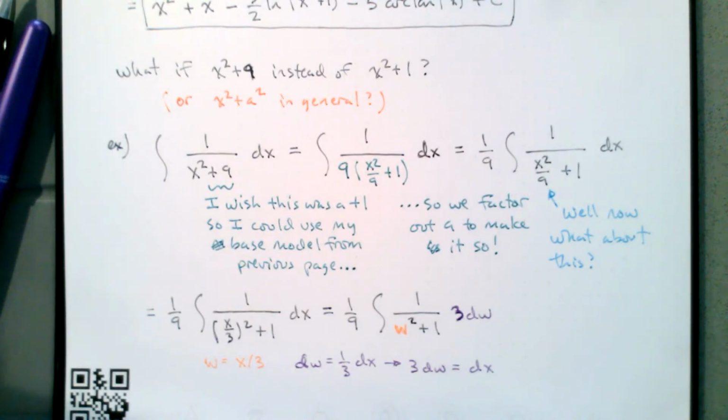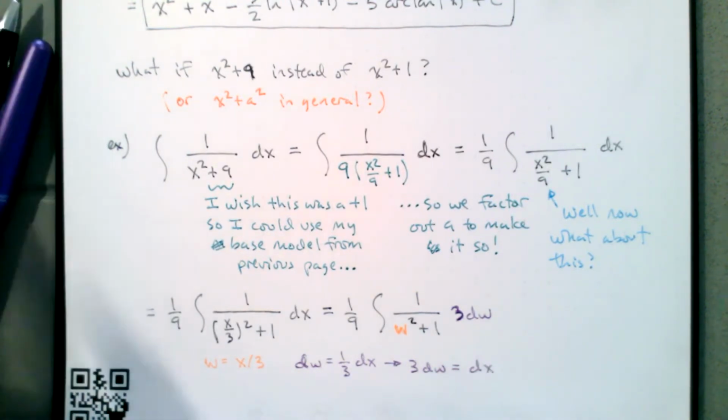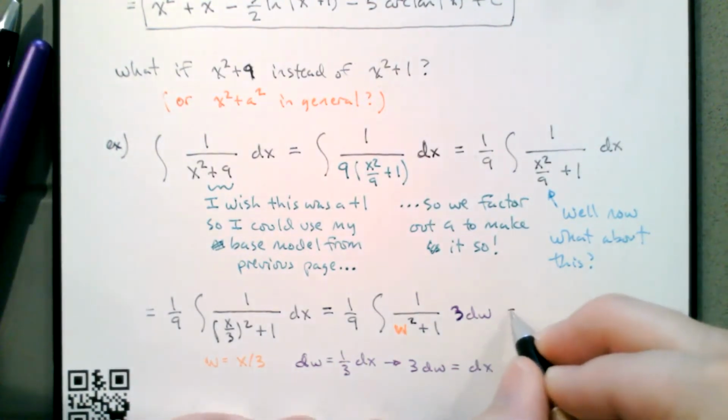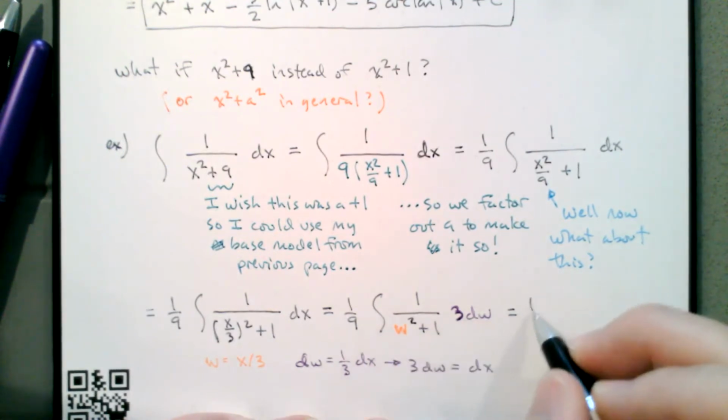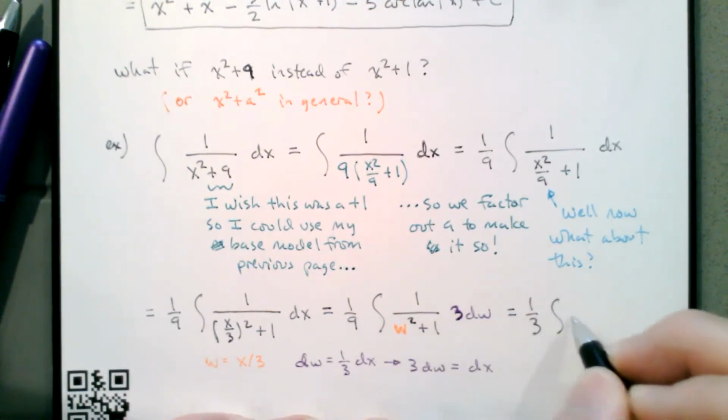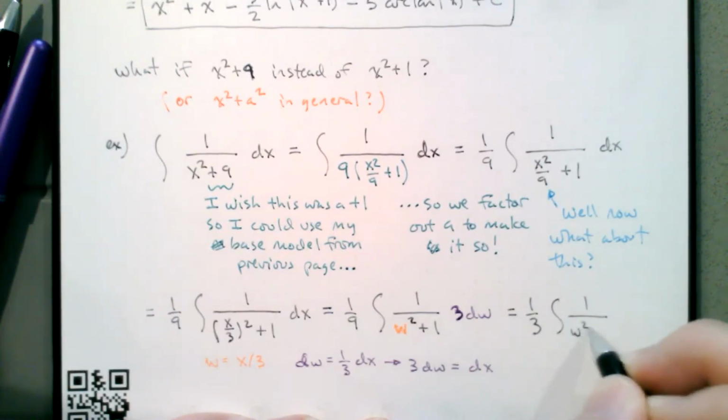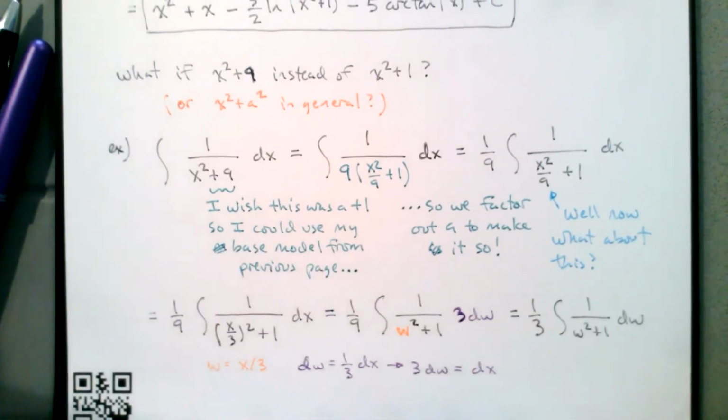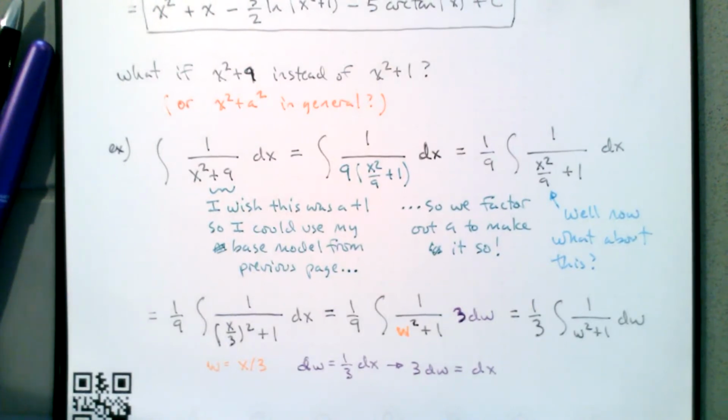There's a 1/3 because it's 3 times a 9th. So 3/9 is 1/3 integral of 1 over w squared plus 1 dw. Now I can use the base model that I had from the previous page.